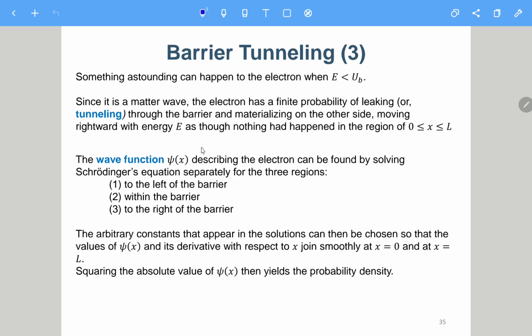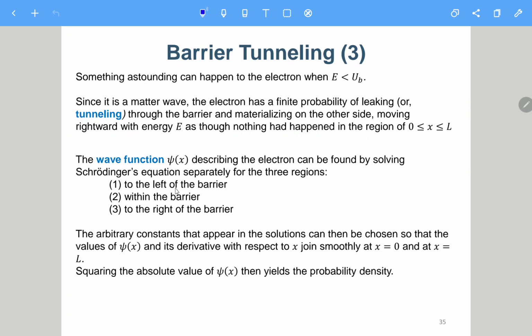So the wave function phi x describing the electron can be found by solving Schrodinger's equation separately for 3 regions, similar to the previous case. The previous case only had 2 regions, region 1 and region 2. Here we also have region 3, which has the potential 0.